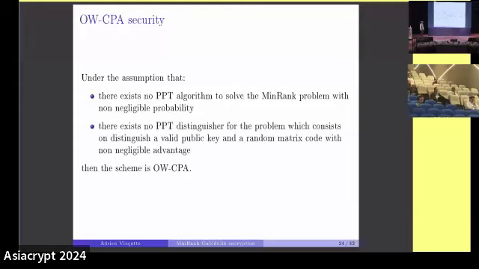I think there were some attacks on those. Did you look to see if those can be extended to your MinRank based scheme? Not really. Yeah, that's all right.